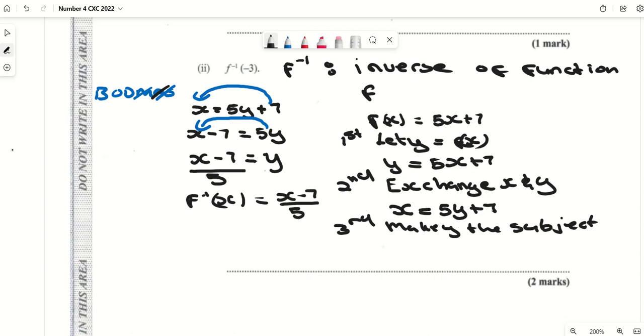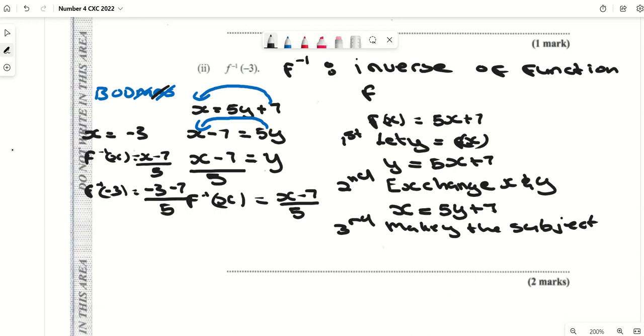But that is not what they ask you. They ask you for f inverse of minus 3. So that means x is equal to minus 3. So wherever we see x in this equation, we're going to put it, right? I will put it here because I don't want to run out of space. So if we know f inverse x is equal to x minus 7 all over 5, then f inverse of minus 3 would be minus 3 minus 7 all over 5.